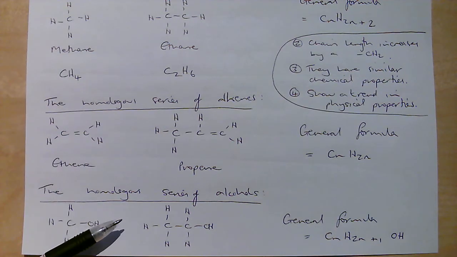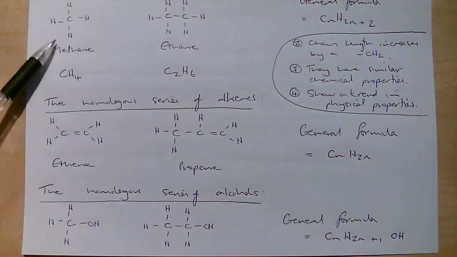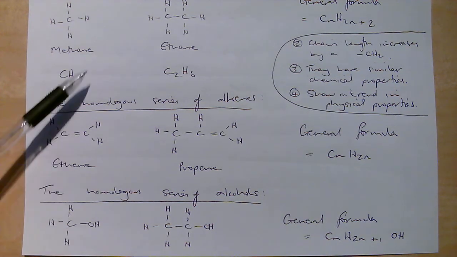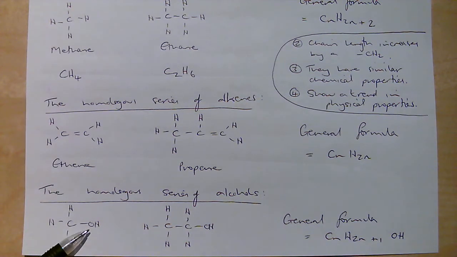So this is exactly what happens here with alcohols. One of the hydrogens is substituted with the OH functional group. Methane, CH4, becomes methanol, CH3OH. So one of the H's has been substituted by an OH.